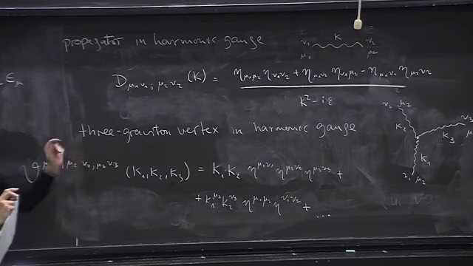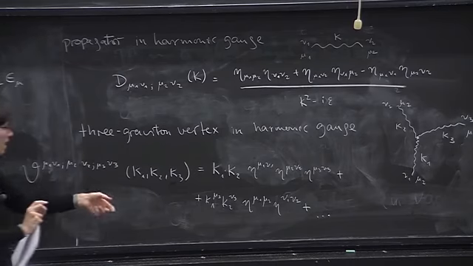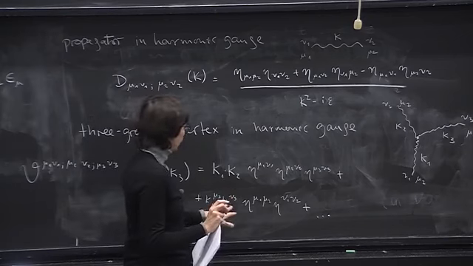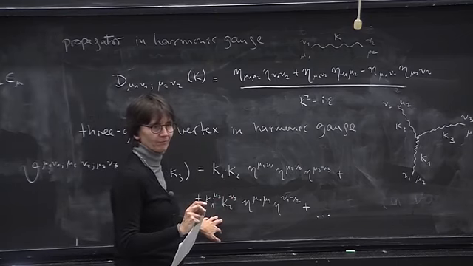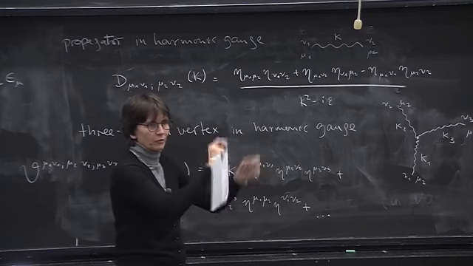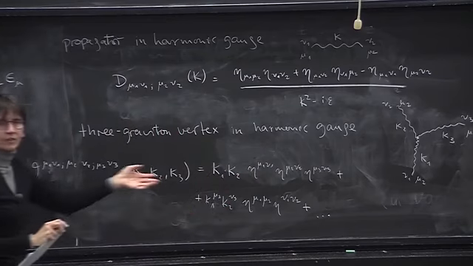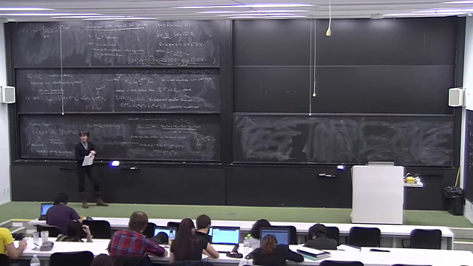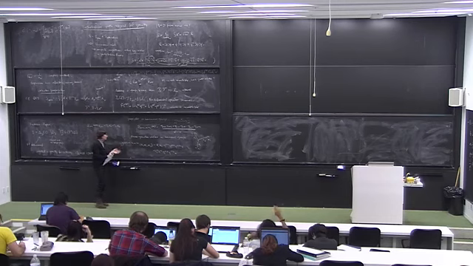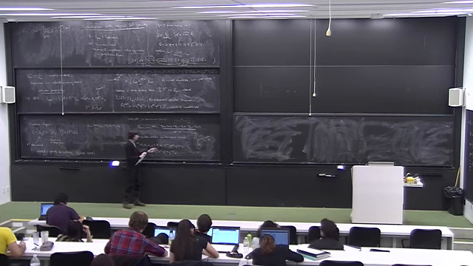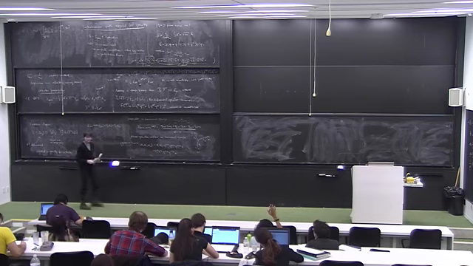And the only thing you have available on the right-hand side are etas and k's. But there are quite a few ways of combining them to get a six-index object. So you can make a general ansatz, and then you can fix all the coefficients on the right-hand side. And that's a heck of a lot of work.